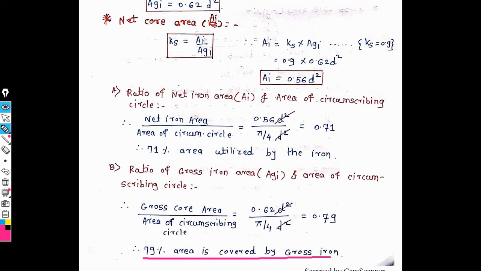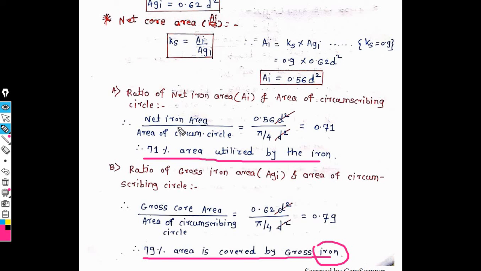Now in the two-step core we have found the net iron area AI and gross iron area AGI with respect to stacking factor, in which 71% of the area is utilized by iron and 79% of the area is covered by gross iron.